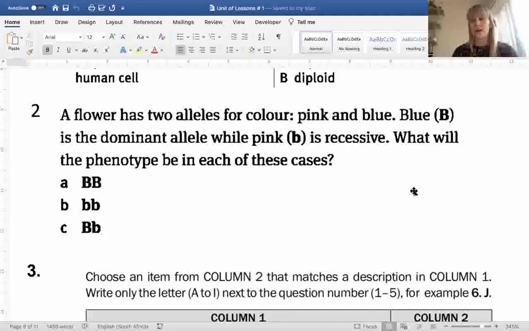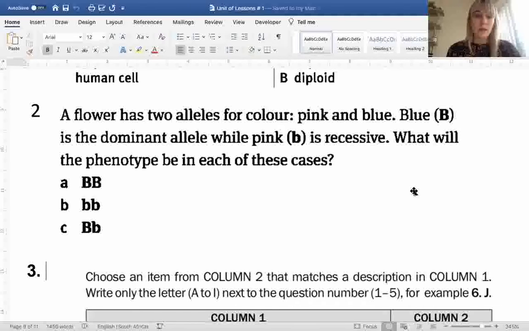A, capital B, capital B. So that is homozygous dominant. Remember, what does Mendel's law of dominance say? It states that if the dominant allele, in this case capital B, is present, it will determine the trait. In other words, blue. So the answer is blue for A.